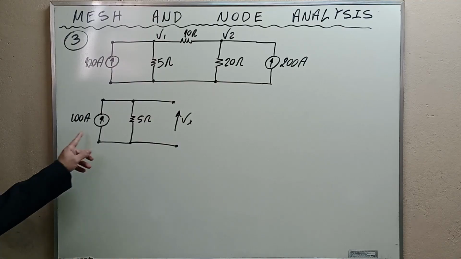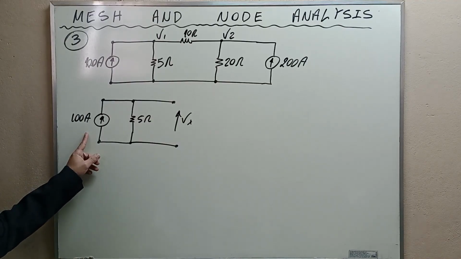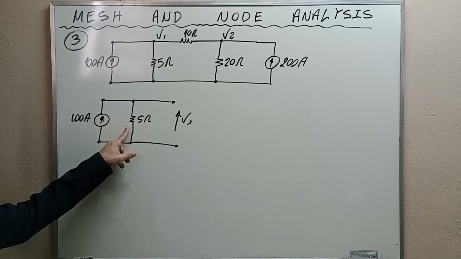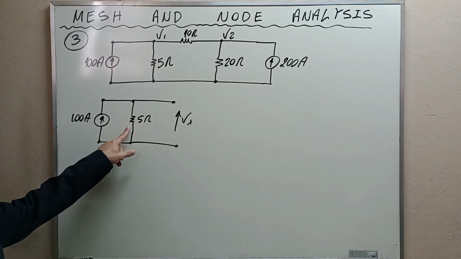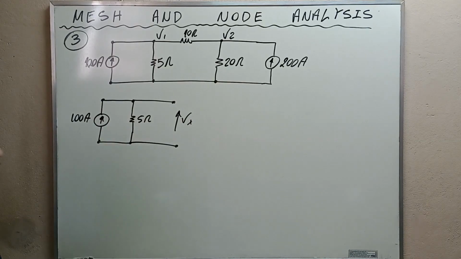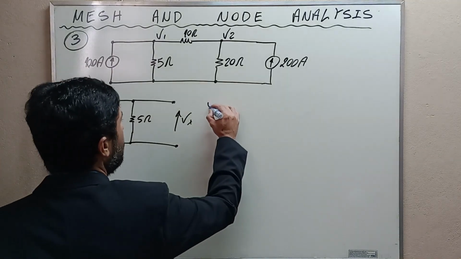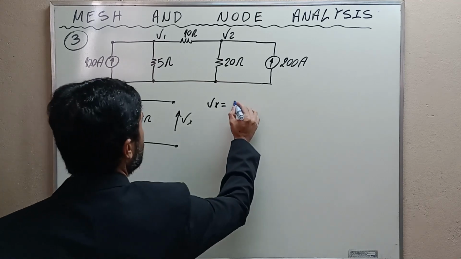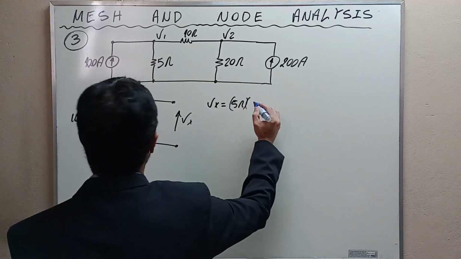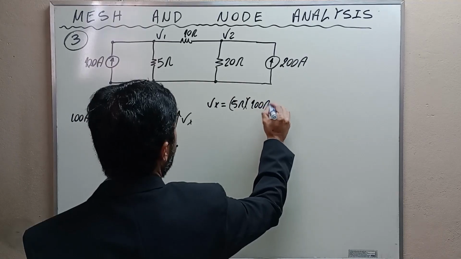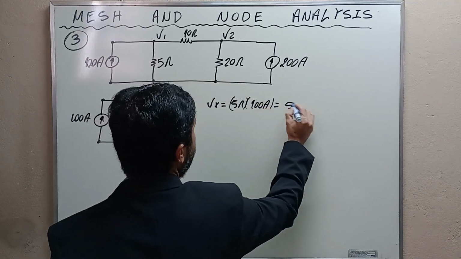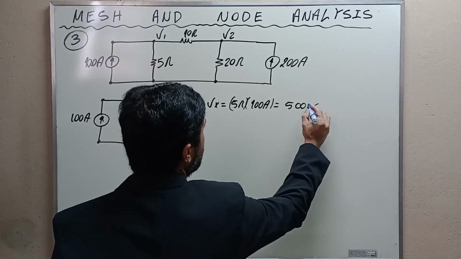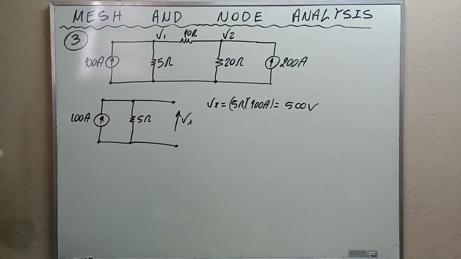The current of the current source has to flow through the 5 ohms resistor, and when it flows it causes a voltage drop, and the value of the voltage drop is Vx equal to 5 ohms times 100 amps, and this is equal to 500 volts, okay?